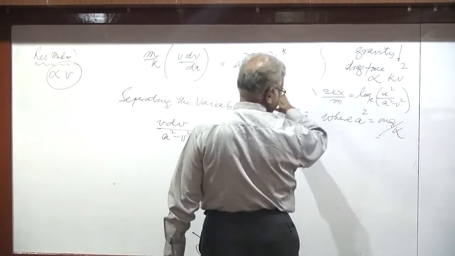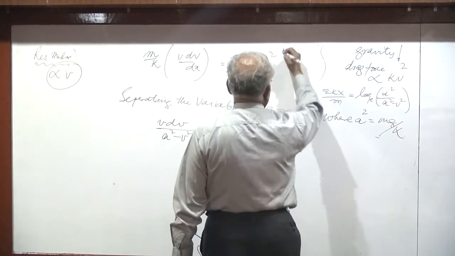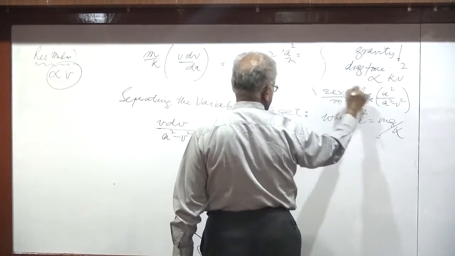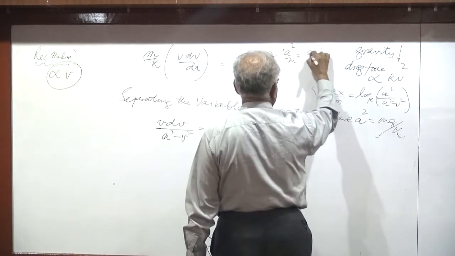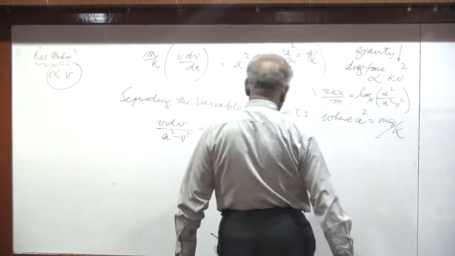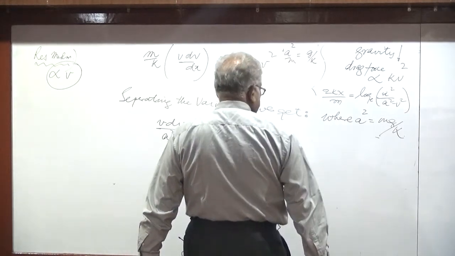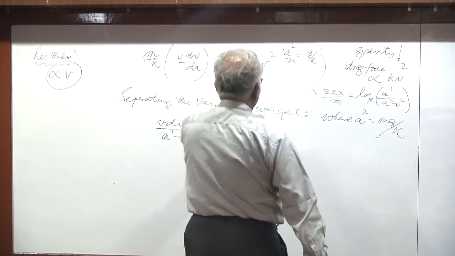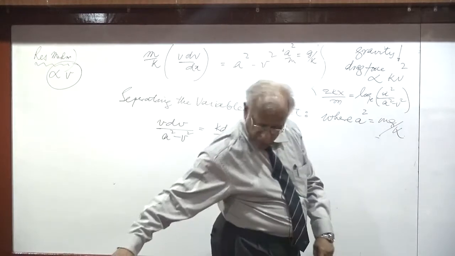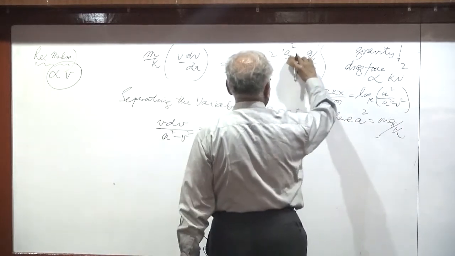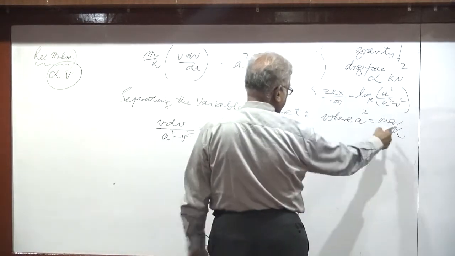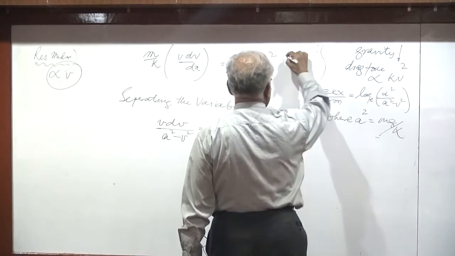Okay, m over k is a square by g. Simple things take a bit of time. k over m is g by a square.